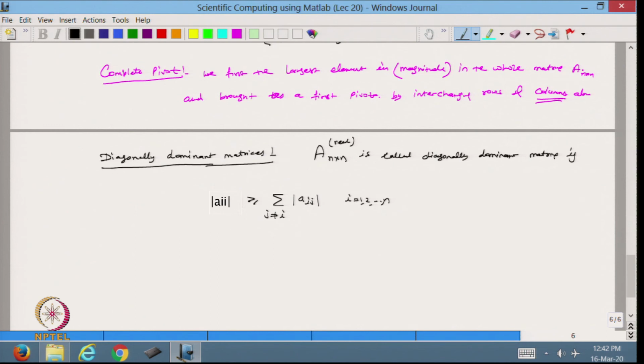It means that the magnitude of the diagonal element is always greater than or equal to the summation of the magnitudes of the other elements. So, if this is true, then we call it the diagonal dominant matrix. If Aii is strictly greater than this sum, then it is called a strictly diagonal dominant matrix.